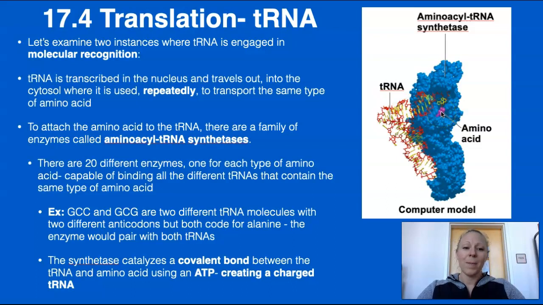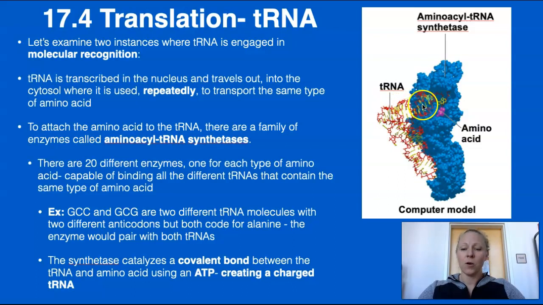However, there are about 20 different enzymes, one for each amino acid, and each is capable of binding to all of the different tRNAs that contain the same type of amino acid. What I mean is that GCC and GCG are two different tRNA molecules, but they both pair up with alanine.